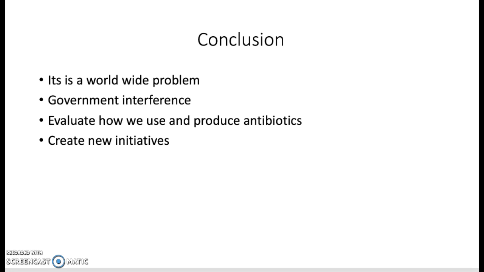We need to create new initiatives to combat and prevent the overuse of antibiotics, because if we want to have these treatments in the future for future generations, we need to come up with something to salvage the antibiotics and find a way to treat drug-resistant bacteria.